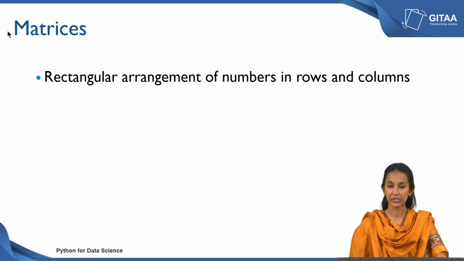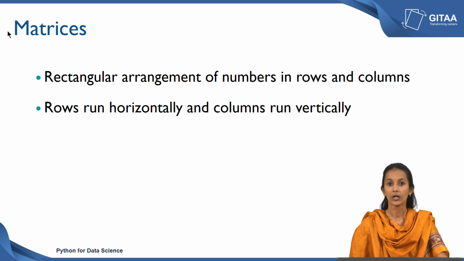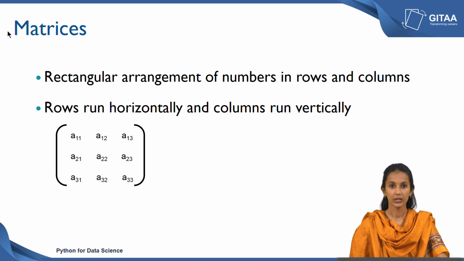A matrix is a two-dimensional data structure consisting of numbers in rows and columns. Rows run horizontally and columns run vertically. First we will take a matrix. This consists of 9 elements. It runs from A11, A12, A13. So this is the first row.